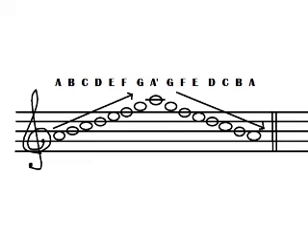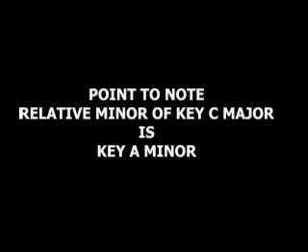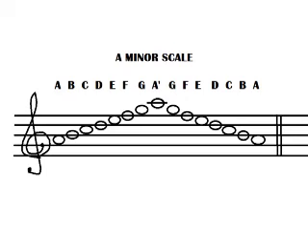So I've been calling it relative minor, relative minor. It has its own name. So the relative minor of C major is A minor. A minor, because it started on A. So A minor scale is the relative minor of C major scale. So A minor and C major are related, just like father and son.